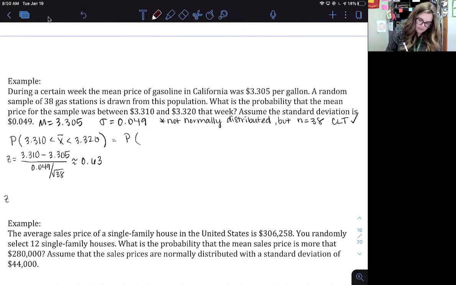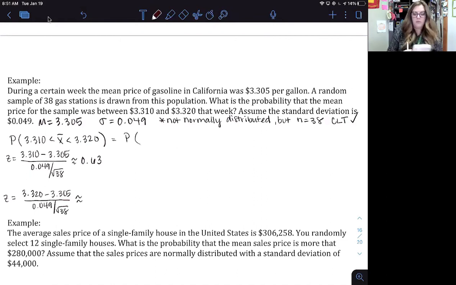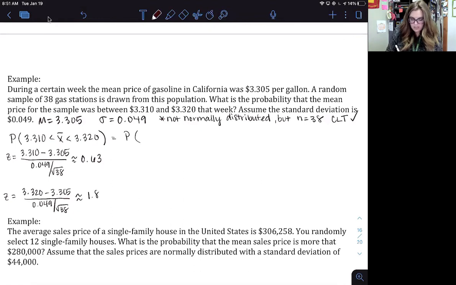And then our second one, we're going to do the same thing, but we're going to change that x value to 3.32. If we approximate that, just changing that 1 to a 2, we get 1.89.